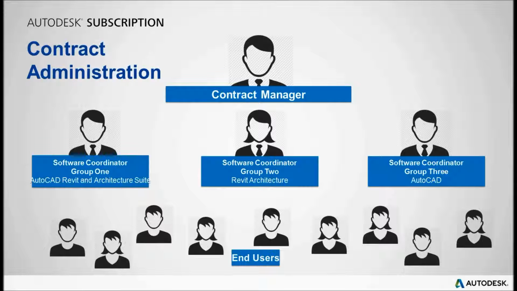Now that's not to say that the contract manager can't also be the end user. They most certainly can. You don't need software coordinators. The contract manager can do everything that the other two can, but on the other end of the scale, the end user has very limited access. Hopefully that clears that bit up.